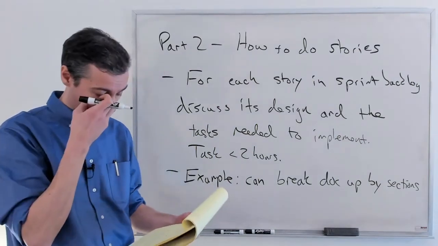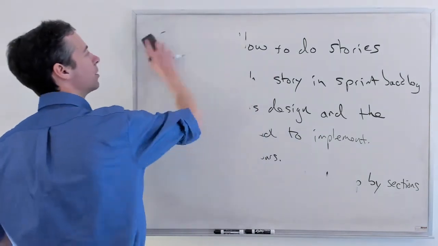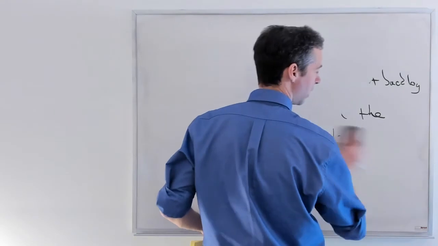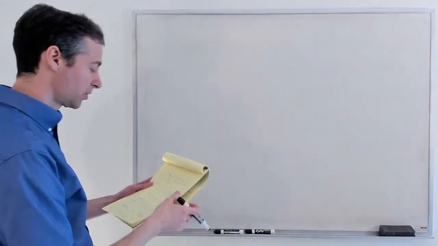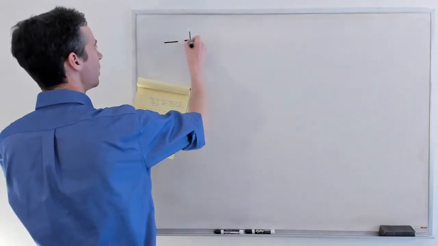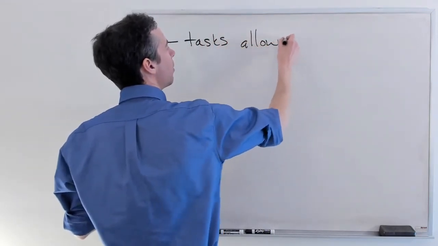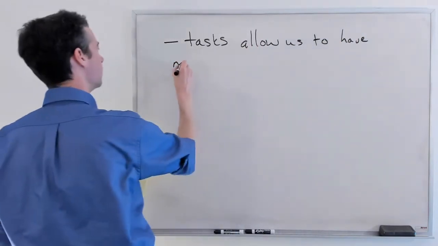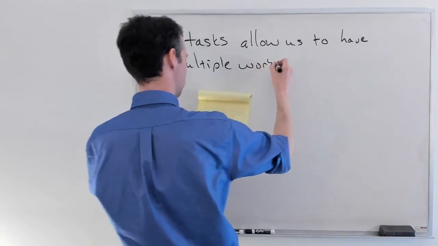All right. Now, why are we doing this? Why are we bothered to come up with all these tasks? Well, we want to be having these conversations about what it means, what our stories are. So this is part of that overall conversation. But the really big thing here is that these tasks allow us to have multiple people work on a story.